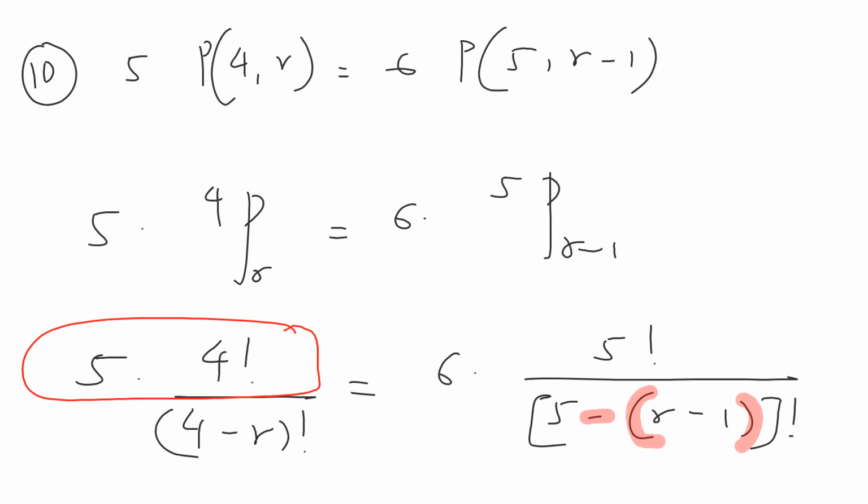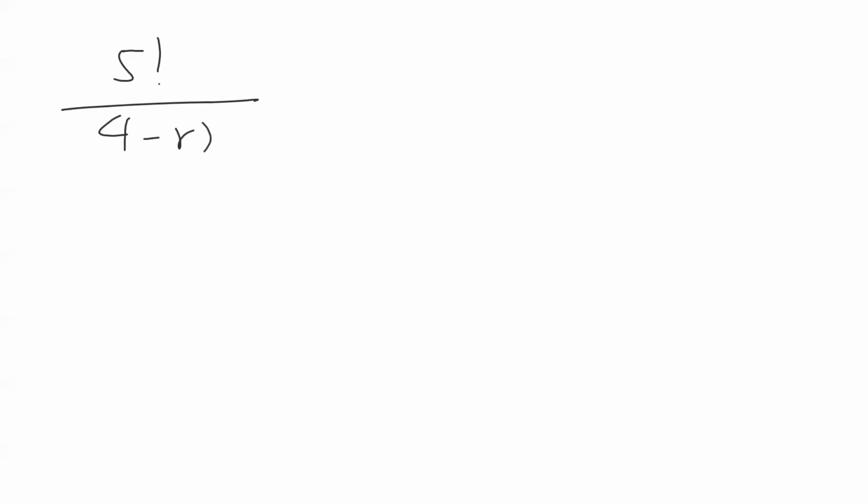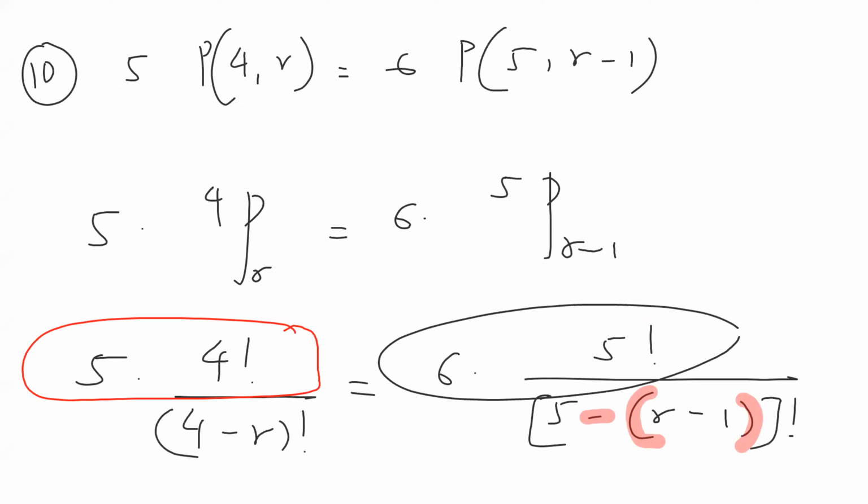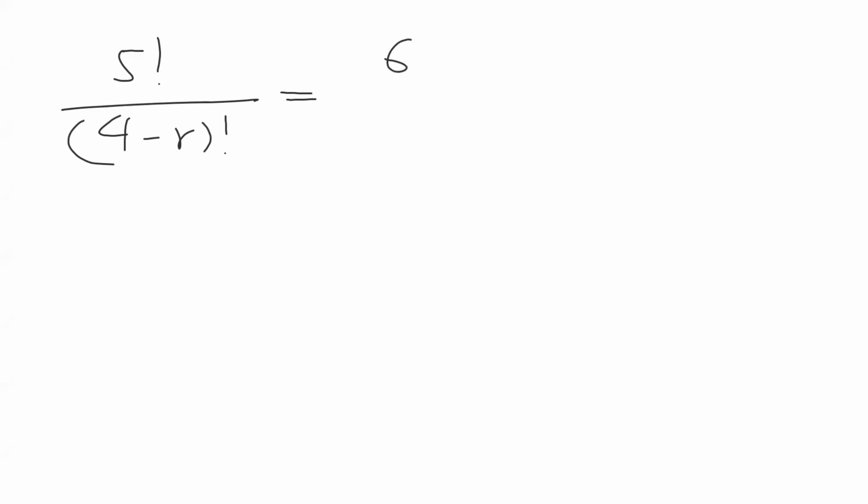So I'll just write 5 factorial upon (4 minus r) factorial equal to, now 6 into 5 factorial is also naturally 6 factorial, but then I'll not do that. I'll just keep it 6 into 5 factorial. The reason being, I can cancel out 5 factorial on both the sides.